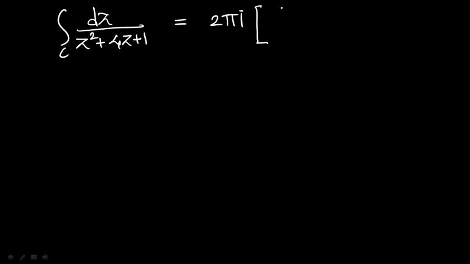Here there is only one residue value, 1 upon 2 root 3. Okay, this term gets cancelled. We get pi i upon root 3.